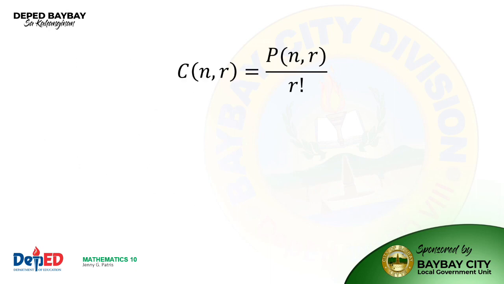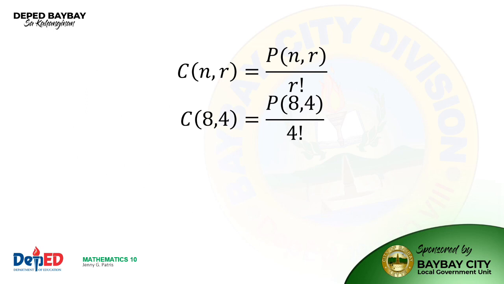Applying the formula, we have the combinations of n taken r at a time is equal to the permutations of n taken r at a time divided by r factorial. By substitution, we have the combinations of 8 taken 4 at a time equals the permutations of 8 taken 4 at a time divided by 4 factorial.